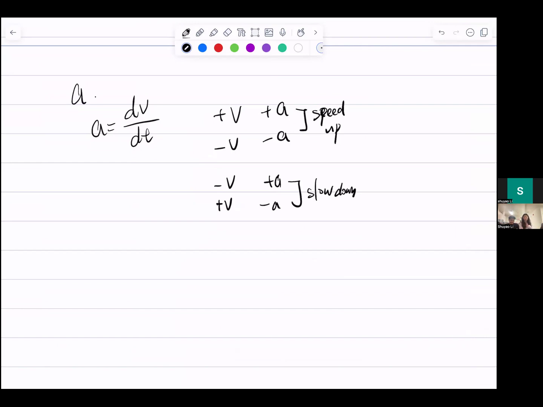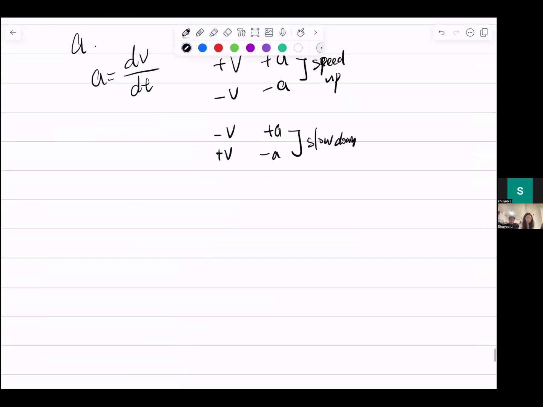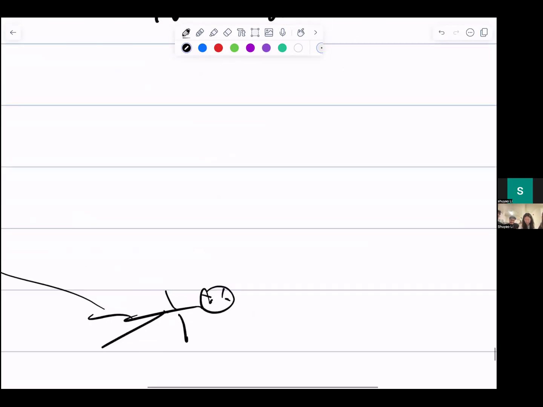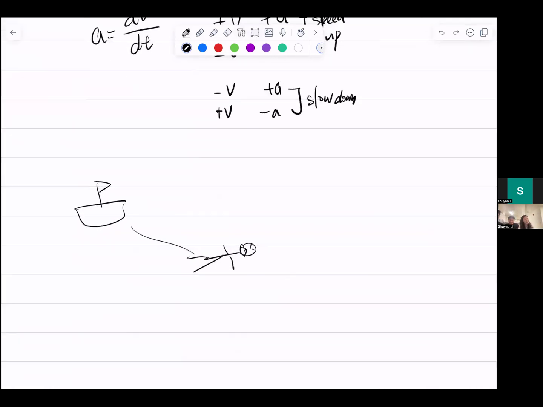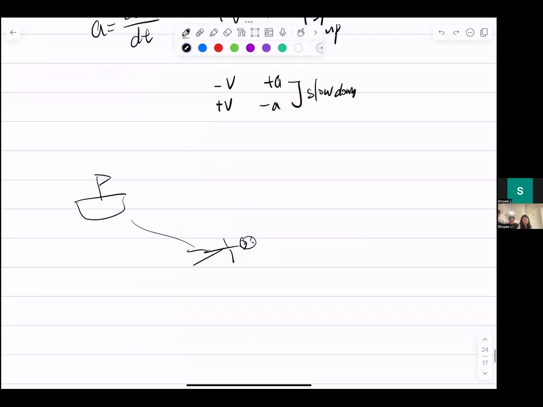Relative motion is a really important concept. If I have a boat and a dead student right here, name this A and this B. What's the boat's position with respect to the dead student?